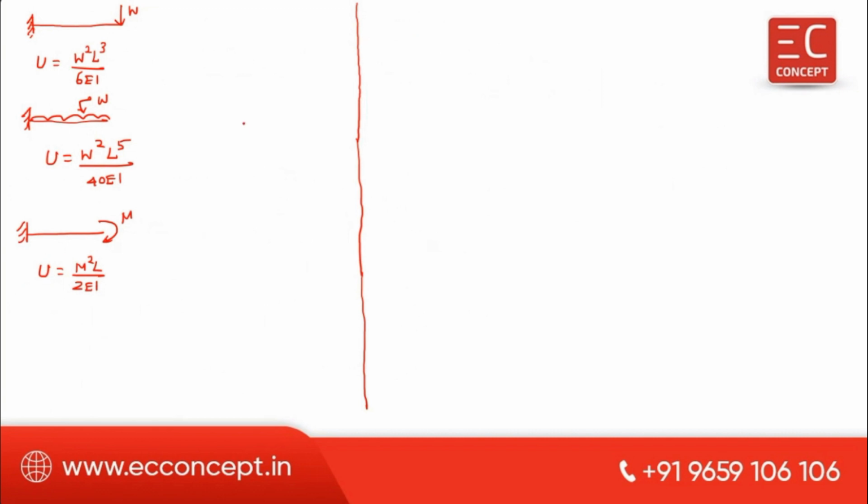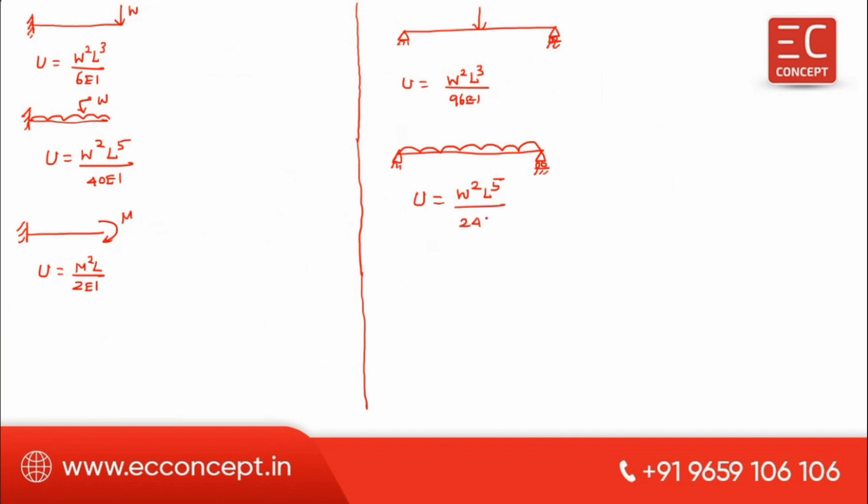Now a simply supported beam subjected to a point load at the center: U is equal to W squared L cubed divided by 96 EI. A simply supported beam subjected to a UDL acting throughout the span: U is equal to W squared L to the power 5 divided by 240 EI.